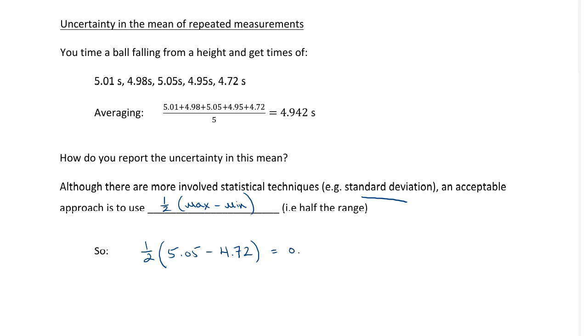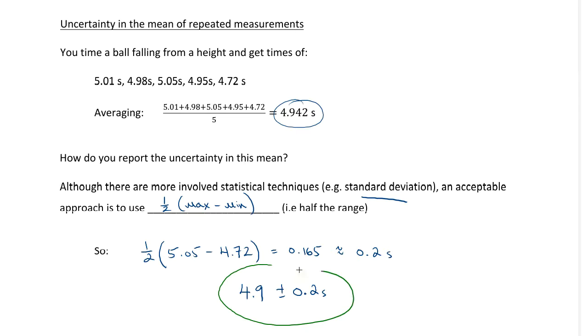That gives us 0.165, or rounded to our one significant figure, 0.2 seconds. So I know that I'm going to have an uncertainty of plus or minus 0.2 seconds. Now I need to round this value so that it has tenths as the last decimal place. So I report 4.9 plus or minus 0.2 seconds as my final answer.